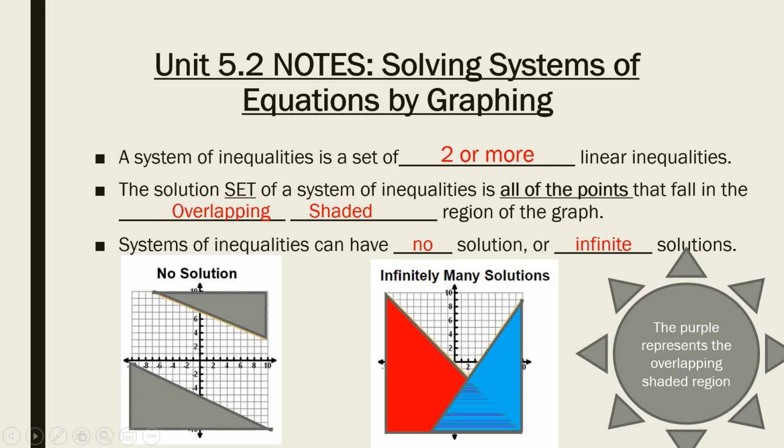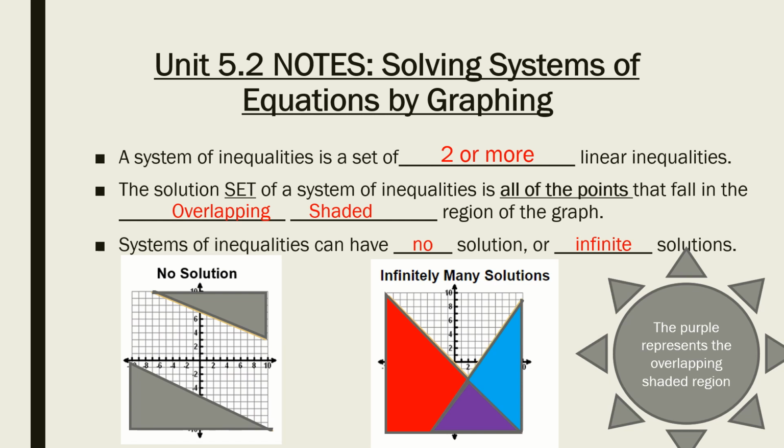That overlapping region, I'm going to color purple for the sake of these notes, and that represents all of your solutions. Every point on the graph that's in the purple region is a solution to the system of inequalities.